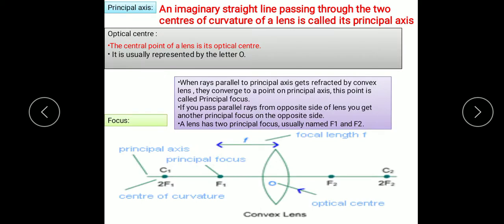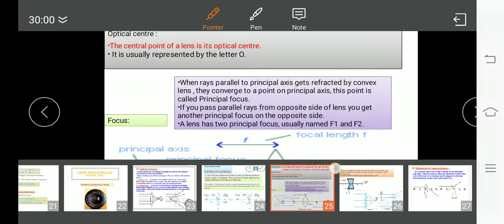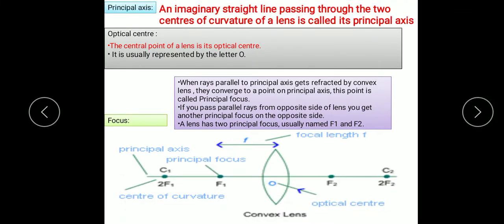Now if you pass parallel rays from the opposite side also, from this side as well as this side, the lens has two principal focuses, F1 and F2.